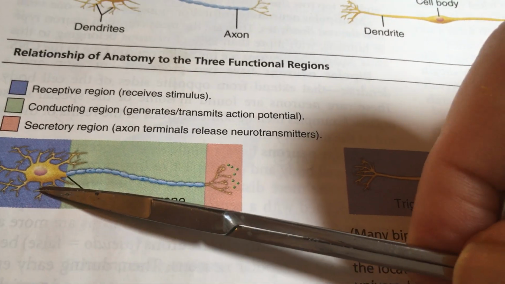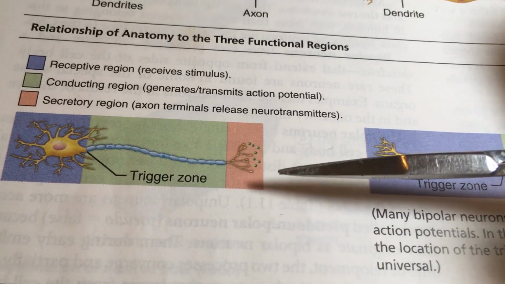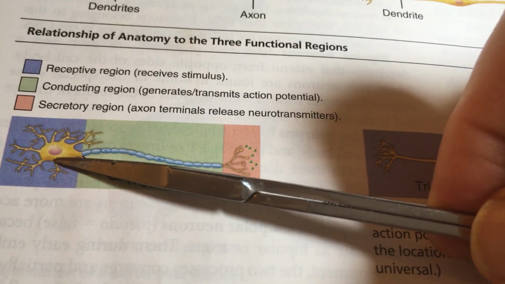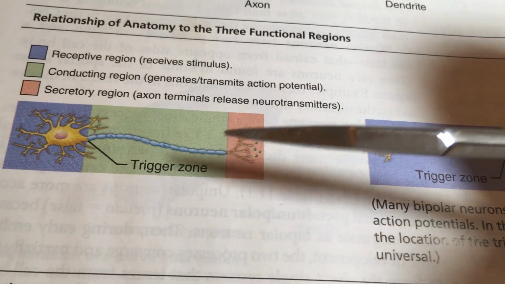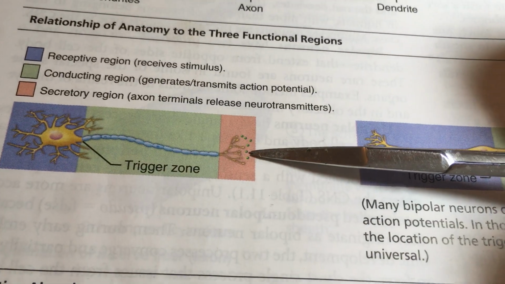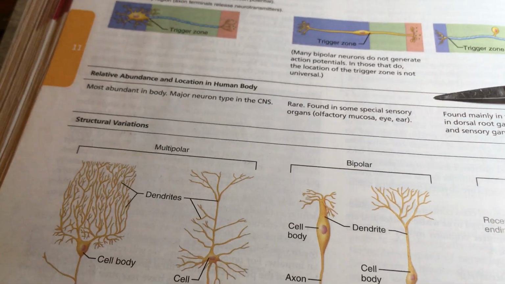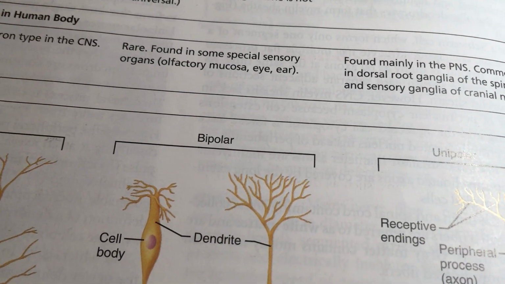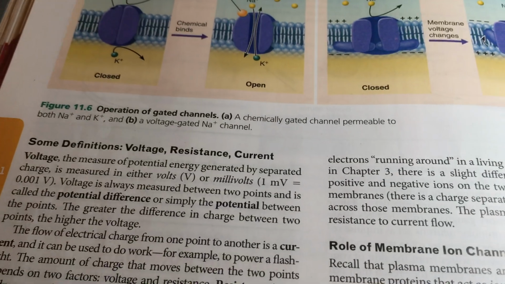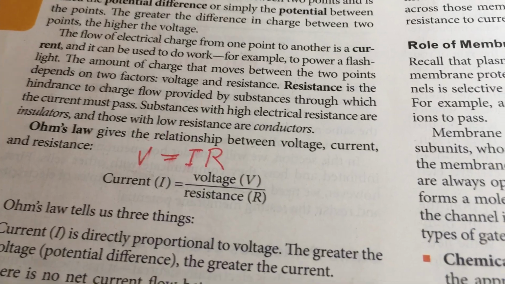But the actual trigger zone for what this neuron is supposed to do happens only in certain areas, the dendrite and the cell body usually, and not so much the axon. The axon is unidirectional away. Okay, and let's move on then to all of these other types of things. Basic principles of electricity we need to know next, and so that's going to be the next part of our discussion right here, learning about voltage.